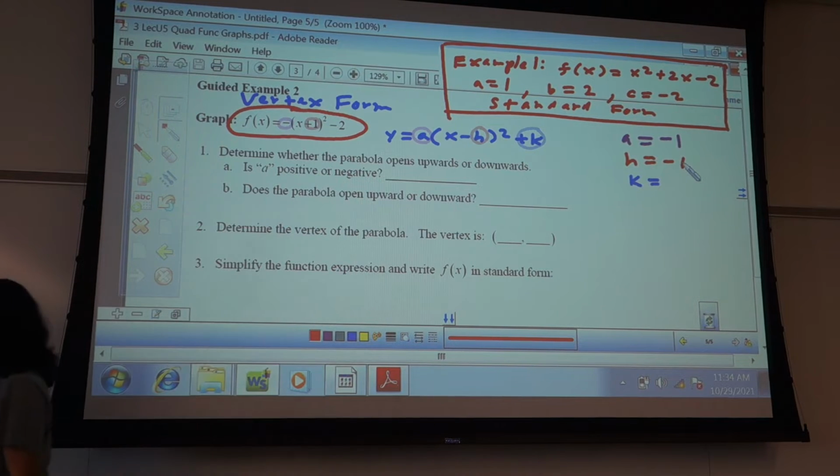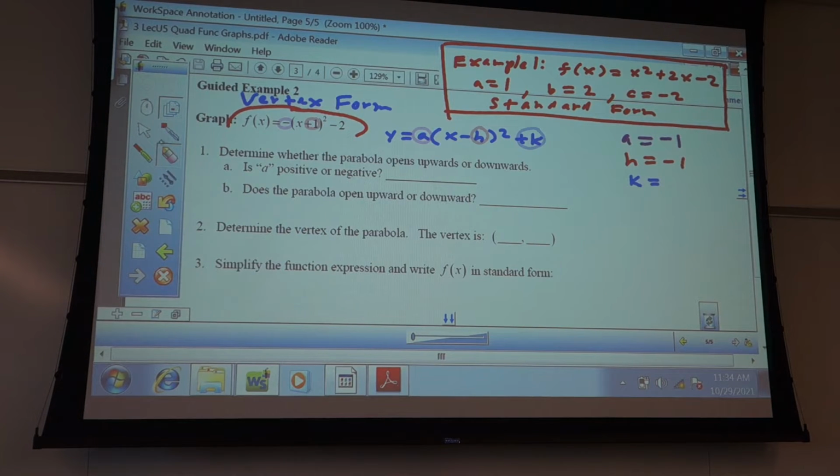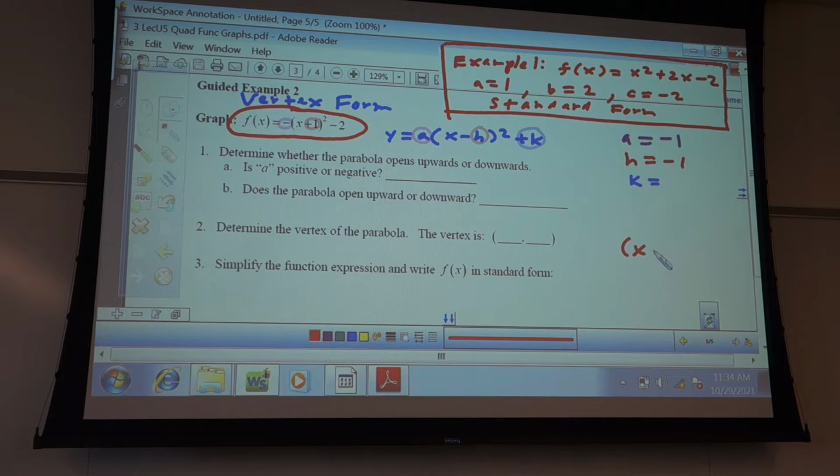You can think about it this way. Whatever I have here, think of it as minus H, in parentheses.